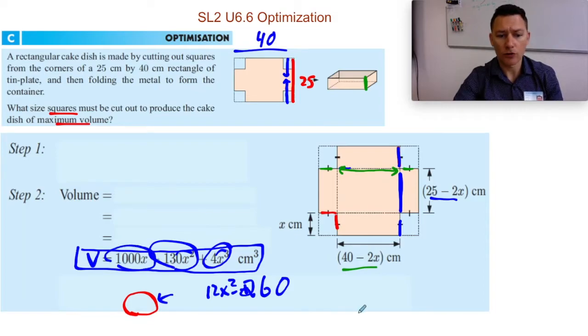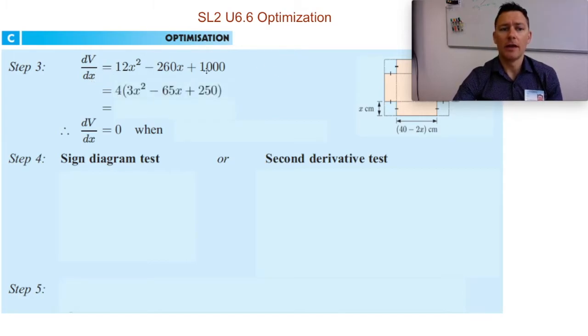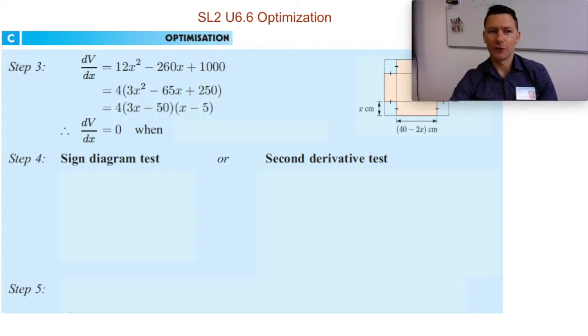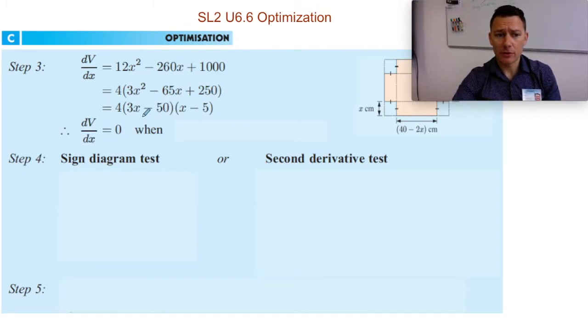And then this is just plus 1,000. All right, so that's where they get this piece. Great. That's our change in volume based on how we change x. If you factor that and factor it some more, the math gods have been kind to us, and it turns into this.